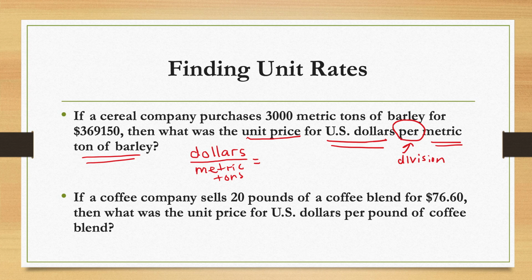Now I'm going to go into my problem and get the numbers. So it says the cereal company purchases 3,000 metric tons. So does that go in the top or the bottom? The metric tons is in the bottom, so the 3,000 is going down here. And we know that they pay $369,150, and that's dollars, so that's going to go on the top.